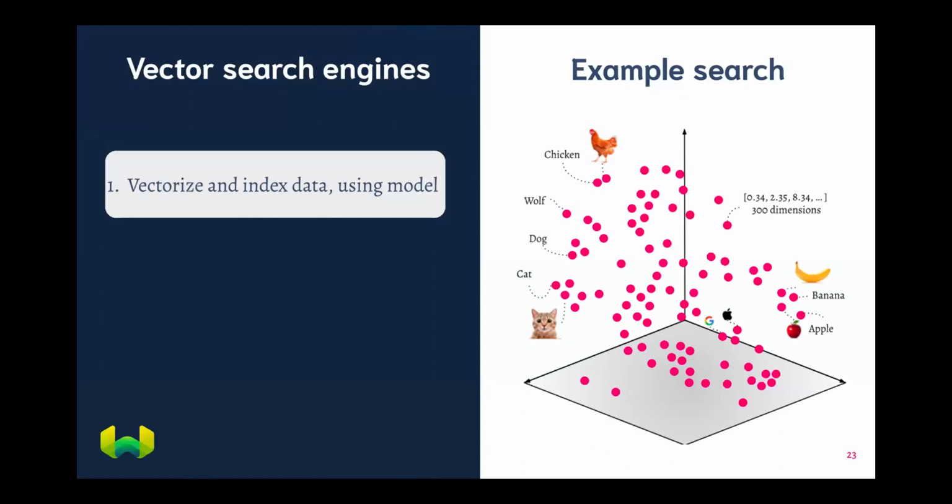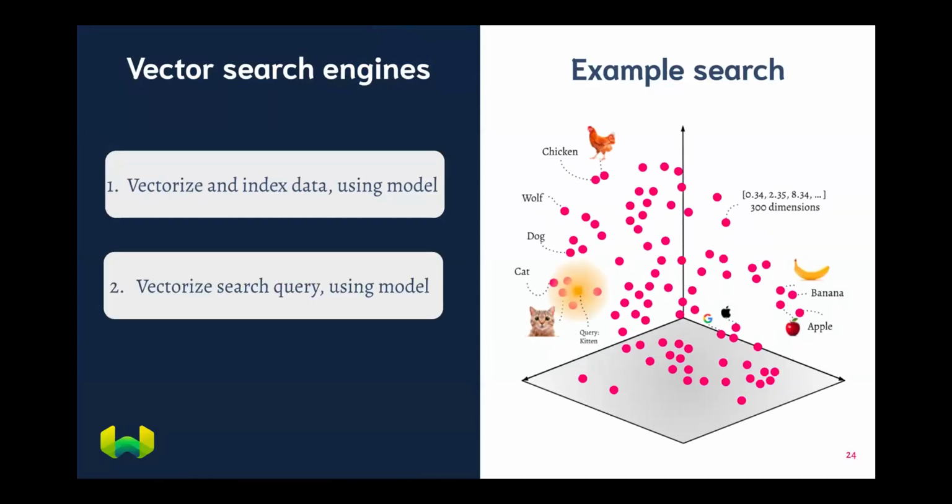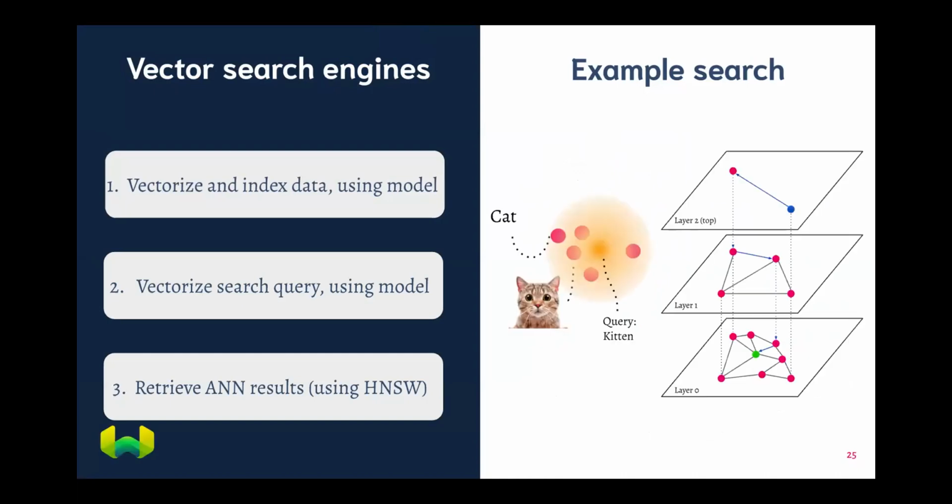So in the previous example, the article titles. Then we vectorize the query. And if the query was kitten, it's going to be represented in the vector space somewhere near cat. And we find that using an algorithm called ANN, Approximate Nearest Neighbor Search. In particular, there's an implementation called HNSW, which Weaviate uses.